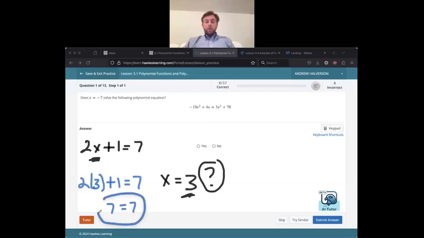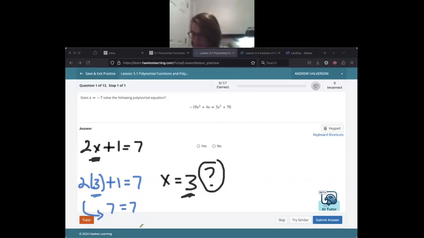Does plugging in 3 and getting 7 equals 7 tell us that 3 is a solution? Yes. Why? Because it's a true statement. That's what this question is asking. Does it work? Does it give you a true statement?